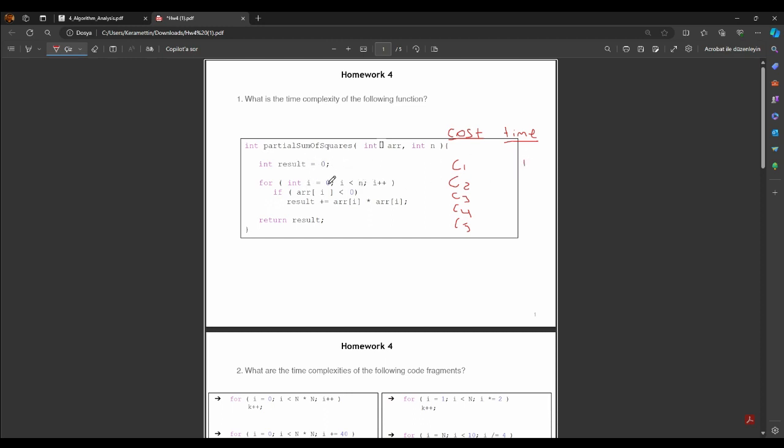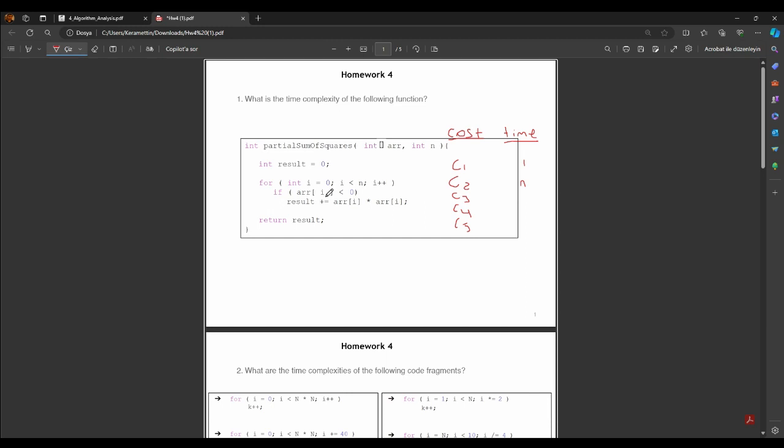As you see here, I start with 0 and it says I is smaller than n, and it's going to start with 0 and increase one by one until it reaches n, so we say it will run n times here.